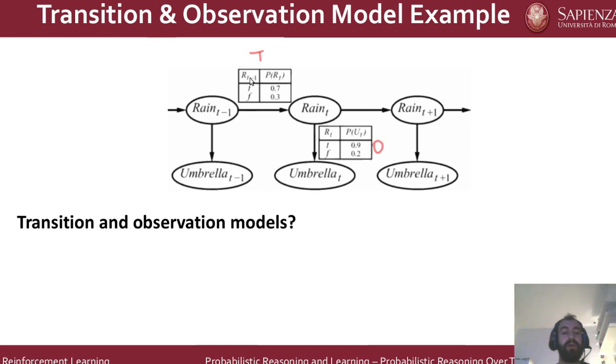So here we have the condition for the previous state being true or false, which will result in the next state for the rain being true with probability 0.7 if the rain was true at the previous state, or rain being true with probability 0.3 if the previous state was false.